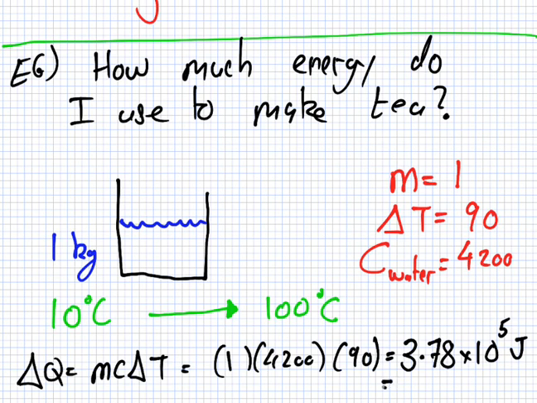Or, to put it another way, 378 kilojoules. Now look, what you must appreciate is that is a really big amount of energy. To make 1 cup of tea or 1 mug of tea, you use 378 kilojoules.